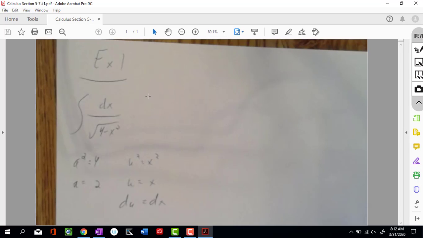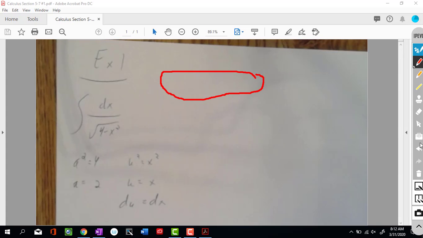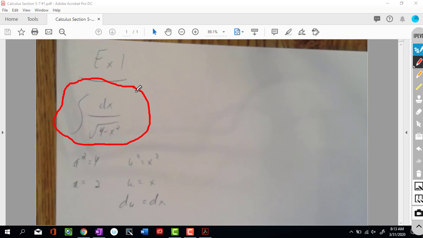When I do this problem, I want to match up first and see which one it most closely matches. The indicator for me is the square root sign in the denominator, and then this constant minus x squared.